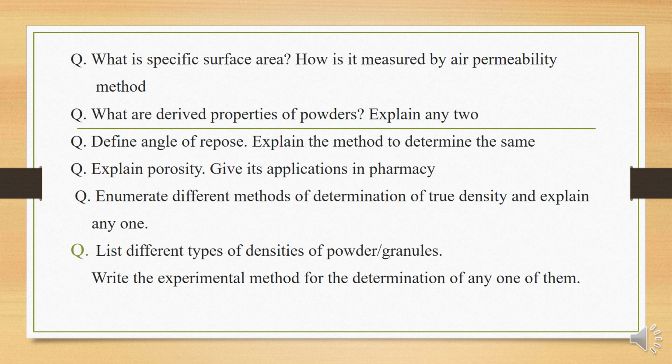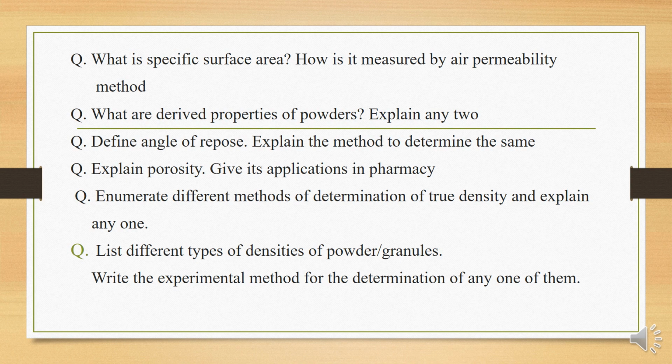First have a look at the true density. It is a derived property of powder. True density means weight of the powder divided by true volume of powder, and two methods are there for determining the true density: the gas displacement method and the liquid displacement method. You can specify any method.